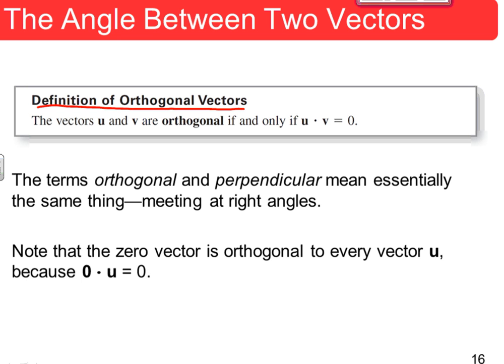Orthogonal and perpendicular essentially mean the same thing, meeting at right angles. So the definition of orthogonal vectors is if their dot product is 0, they're orthogonal. If they're orthogonal, then their dot product is 0. And so we can check if things are orthogonal by finding their dot product.